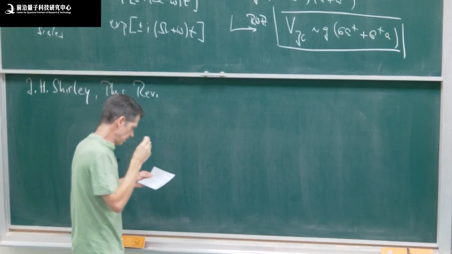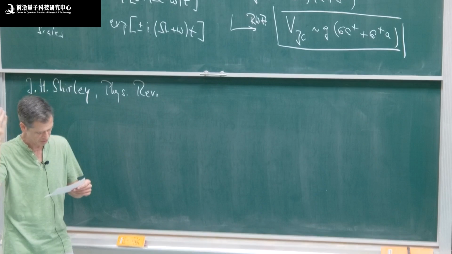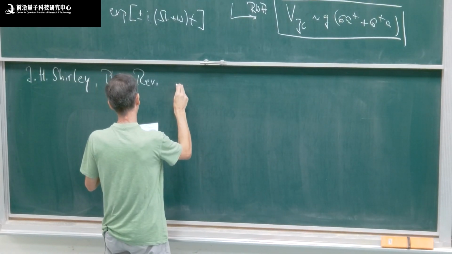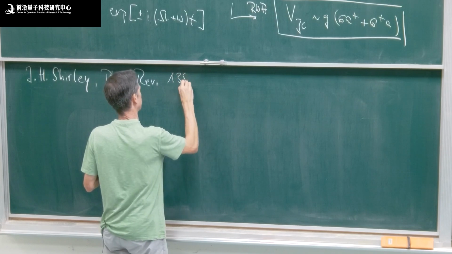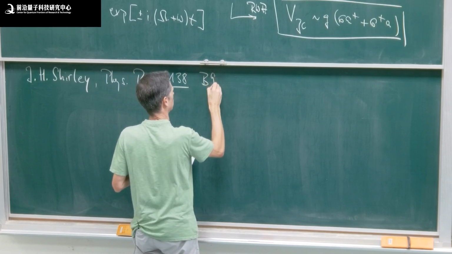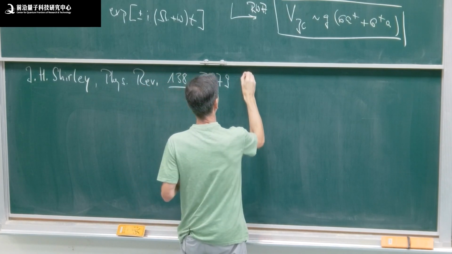It's still the old, 50 or 60 years old, so they still had a different nomenclature. It's volume 138, and then the B series, which labels the page, so it's B979, 1965.